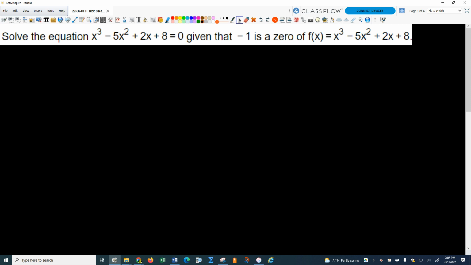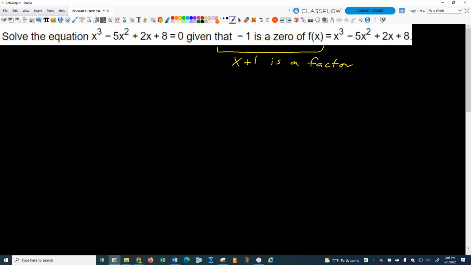I can do synthetic division, right? Because I know that if I want to find the other factors, I've got to divide this polynomial by x plus 1, don't I? Right? Because if -1 is a zero, doesn't that mean that x plus 1 is a factor?